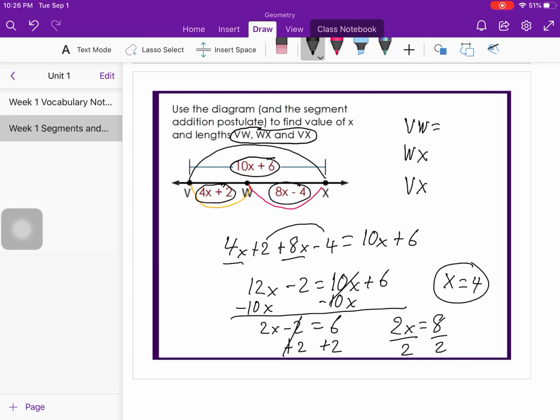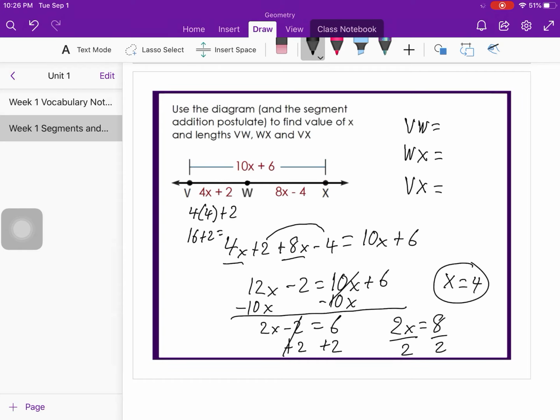To find VW, that's from this one to this one. If I plug in 4 in place of that, I get 16 plus 2, which equals 18. So VW is 18. Next, I'm going to plug in 4 for this x value. 8 times 4 is 32. 32 minus 4 gives me 28.